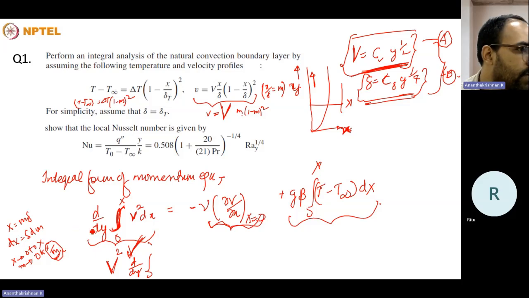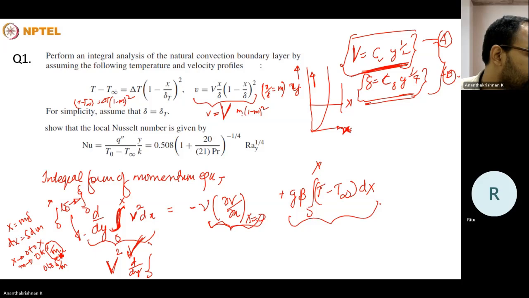The velocity further away from the thermal or hydrodynamic boundary layer will be 0, because the ambient is at rest. This is the free convection case. Therefore the limit 0 to x can be reduced to 0 to delta, so m goes from 0 to delta by delta. The integration is from 0 to 1, so we can change the limit once we introduce the similarity variable.